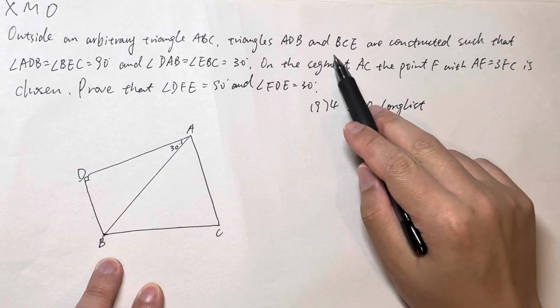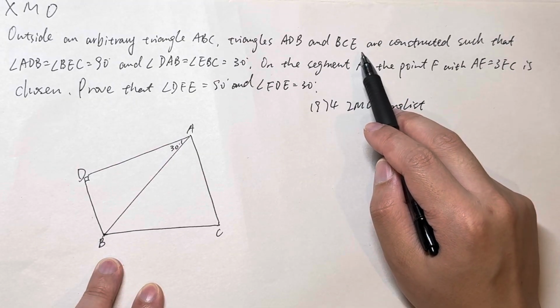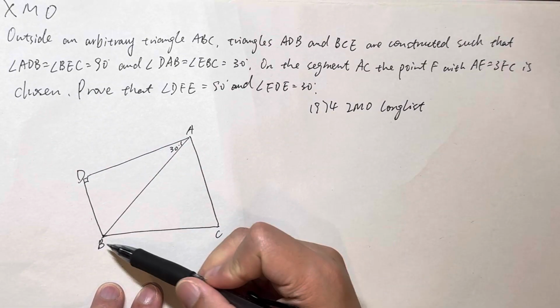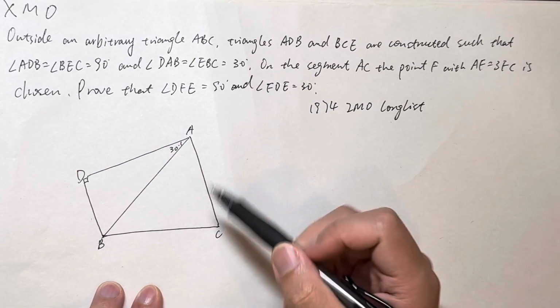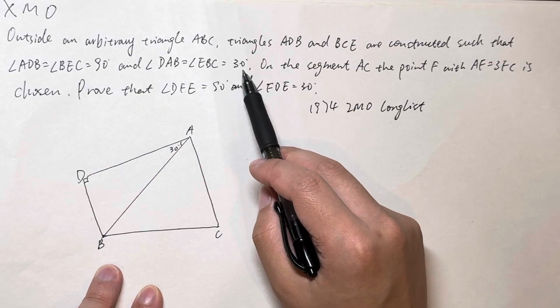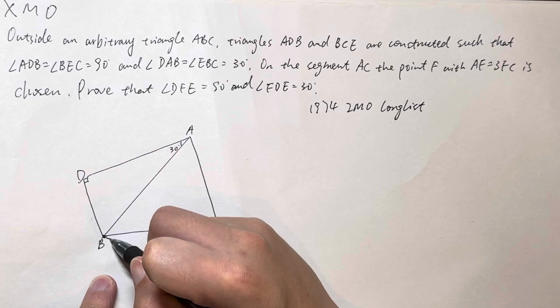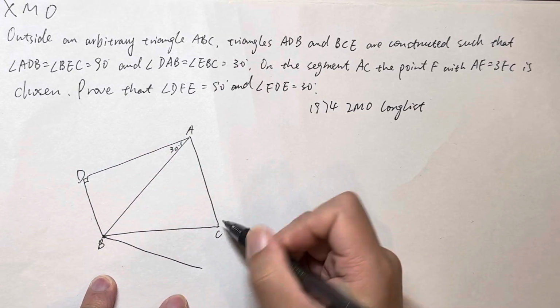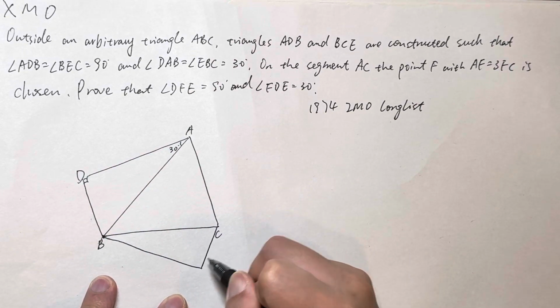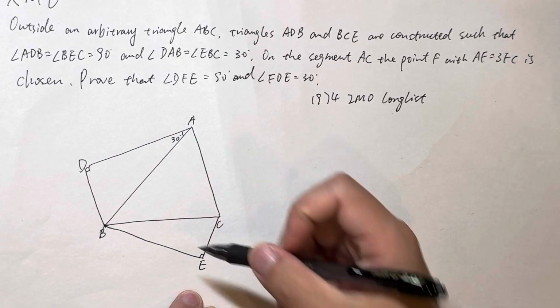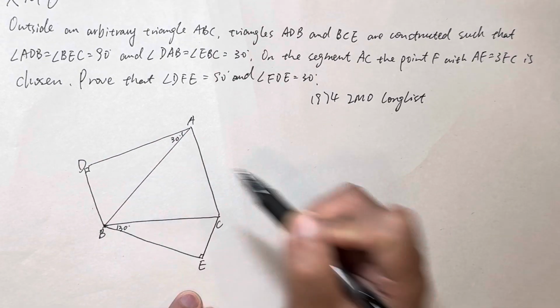And also we want to construct the triangle BCE, where angle BEC equals 90 degrees, and angle EBC equals 30 degrees as well, which means we can do things like this. And we know this is 30 degrees.